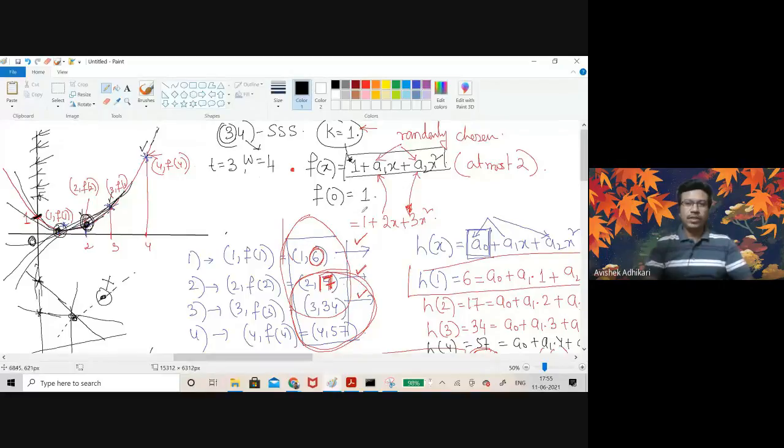Because it's at most a 2-degree curve, since you are choosing these points randomly, it may happen that this coefficient is 0. If this is 0, then it will be a 1-degree curve, and the dealer knows that.